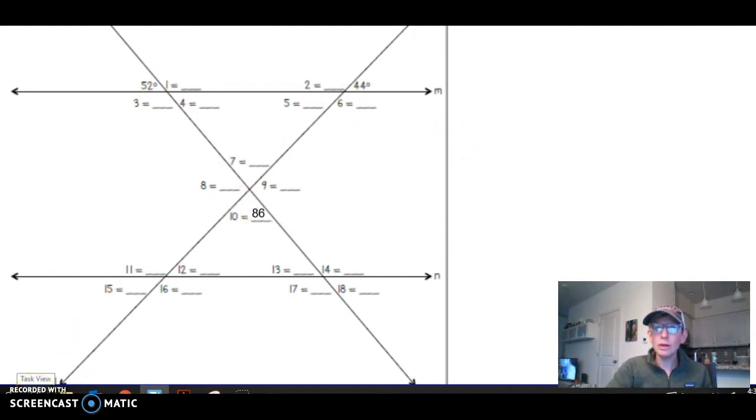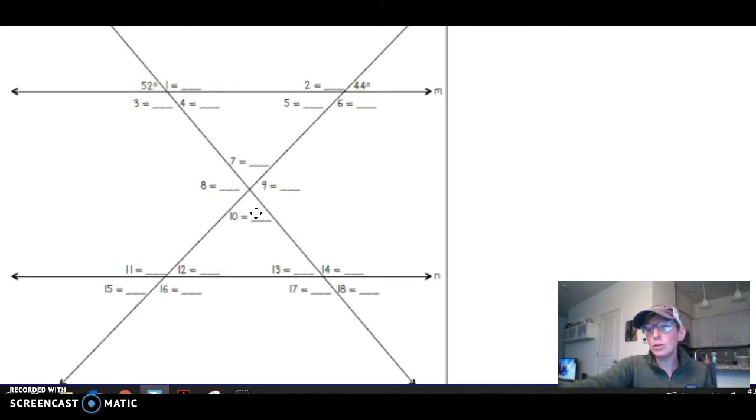By just being provided with two angle measures, this angle measure is 44 degrees here, and that was given, and this angle measure here is 52 degrees, and that was given, I can determine all the other angles on this mathematical puzzle.